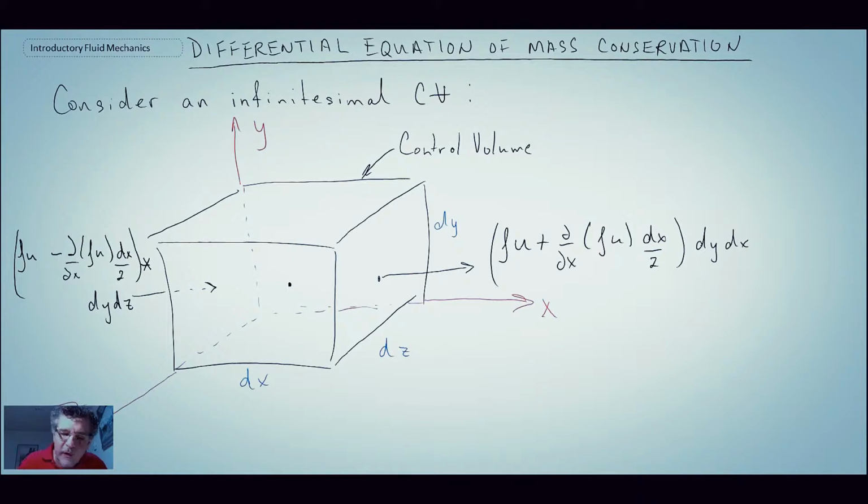Okay, so there we have mass flux coming in on the back surface and mass flux leaving the front surface, and we are going to apply this for all three directions.